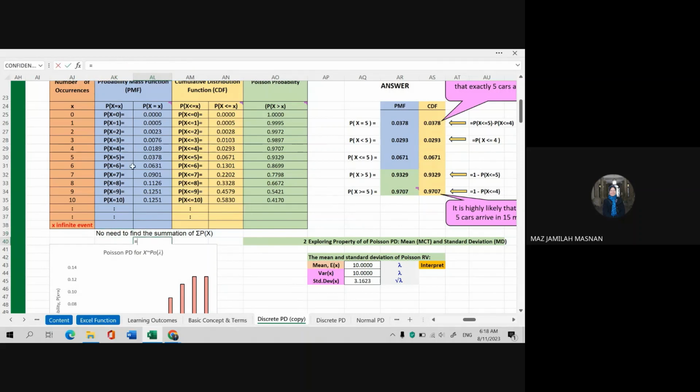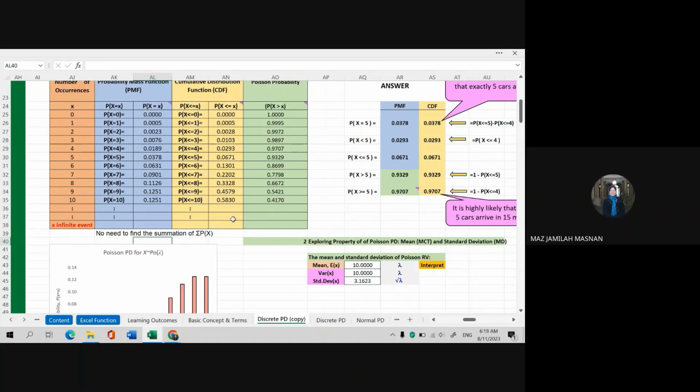But in this case, if you add, you will never get 1 because you are talking about an infinite event. So it is continuous until certain value, and if you have time, you can try what will be the value of the last event of X, the last success of this particular X equation.